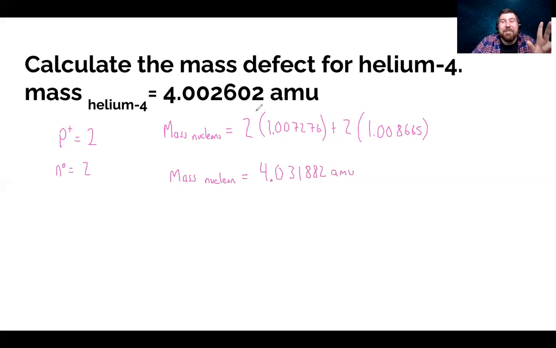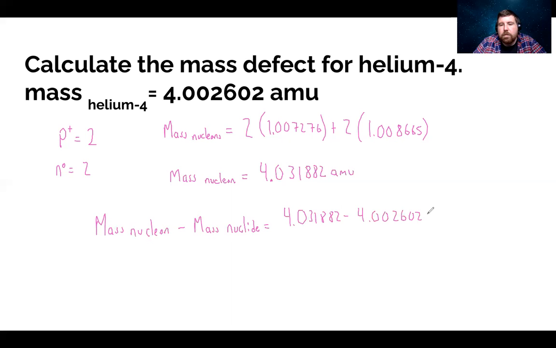That's weird, right? That almost doesn't make sense. So the mass defect is the difference of those two numbers. So it's going to be the mass of the nucleons minus the mass of the nuclide, which would be 4.031882 minus 4.002602.